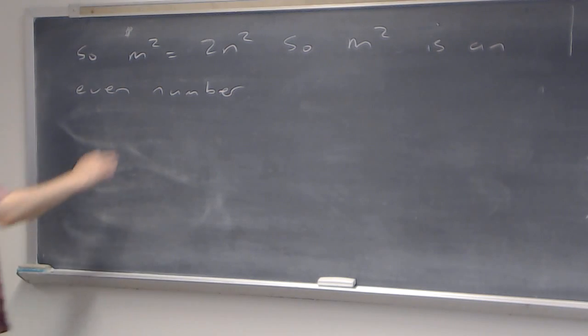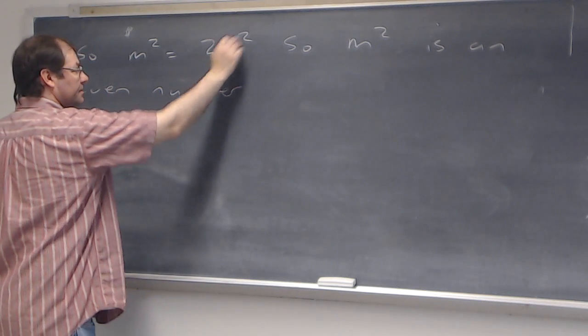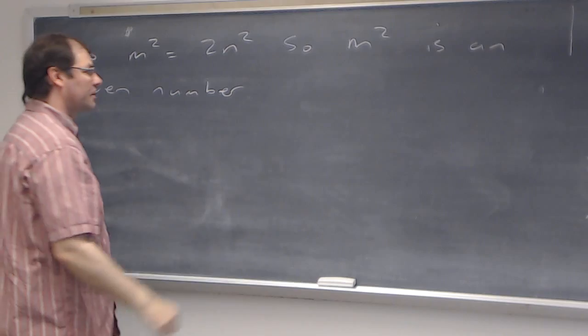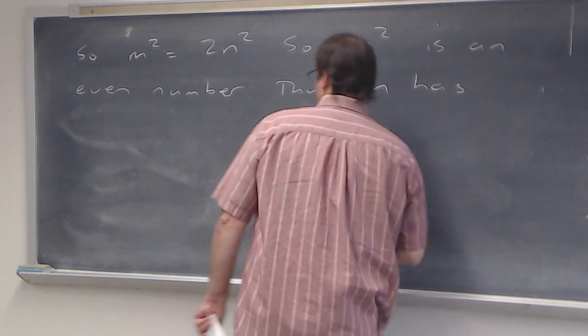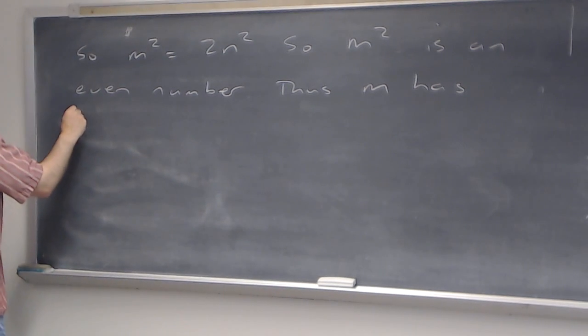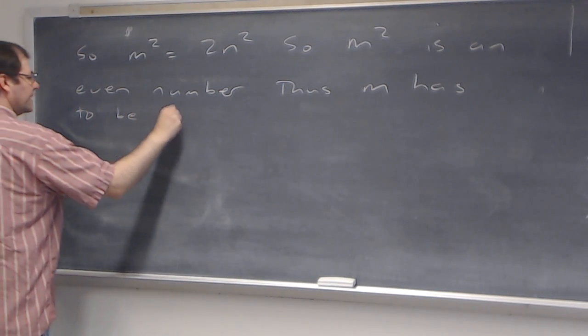That's because m squared is equal to 2 times some integer, so it makes m squared an even number. And thus, m has to be an even number.